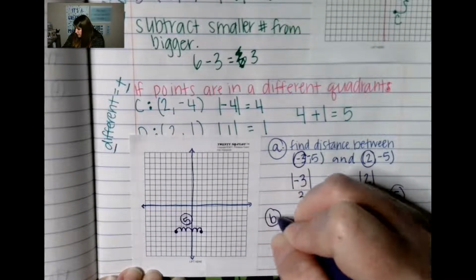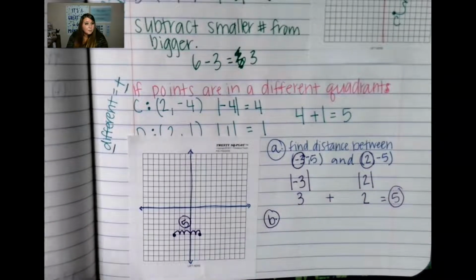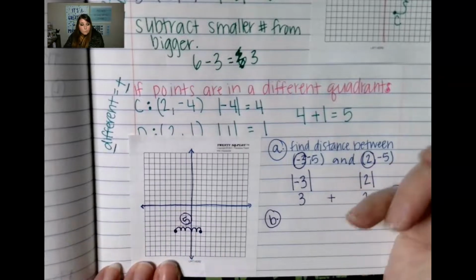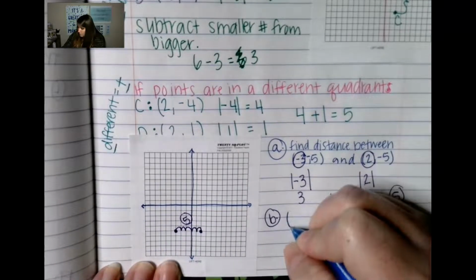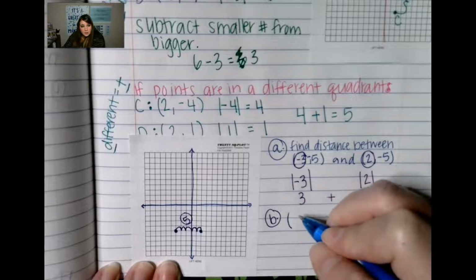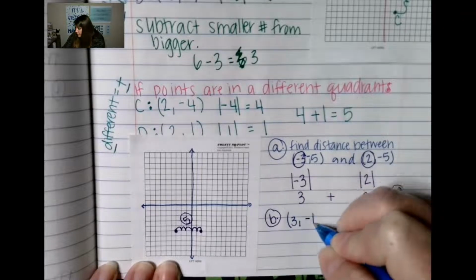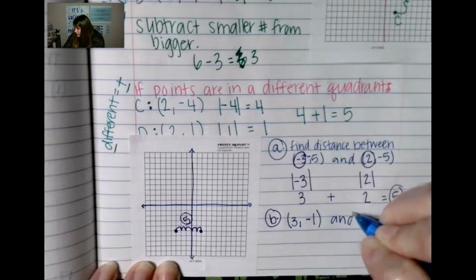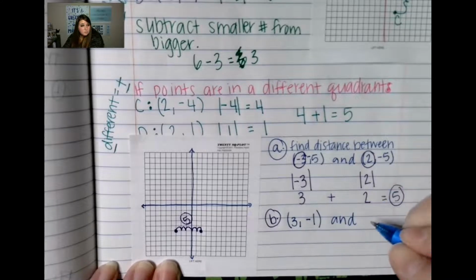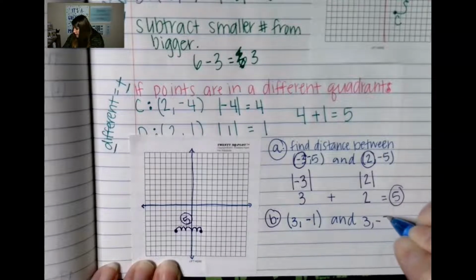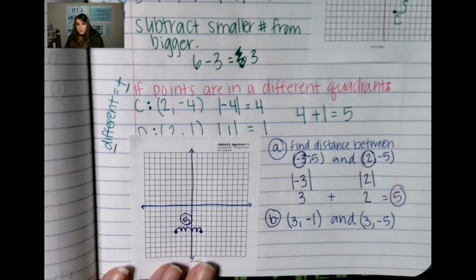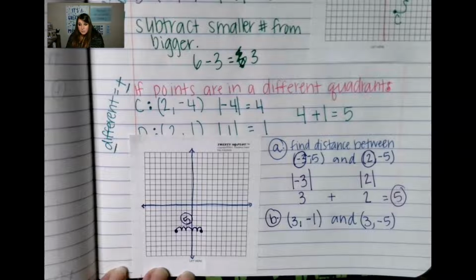Okay, so we're going to do example B. And example B wants you to find the distance between 3, negative 1, and 3, negative 5. Okay, so it wants you to find the distance between those 2 points.